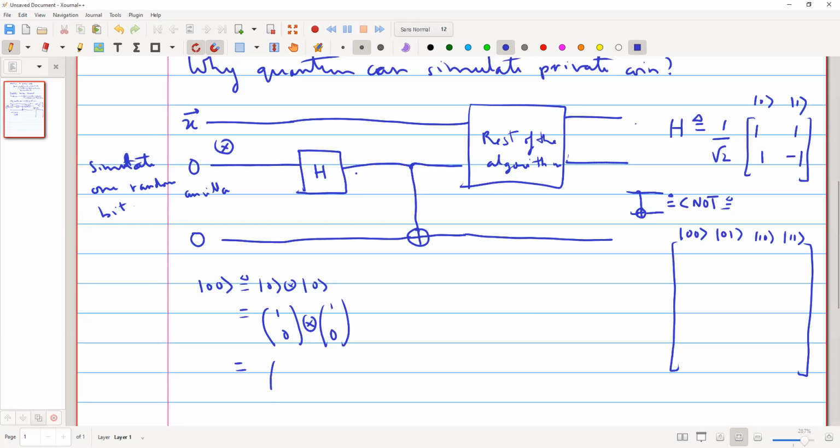And if you recall, the way we do it is we stick the second vector and multiply it by the vector entry coming from the first vector. So 0, 1, 0.